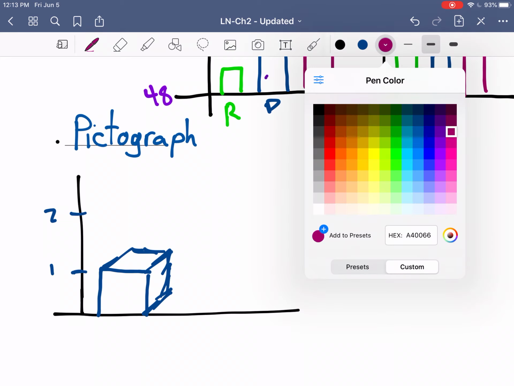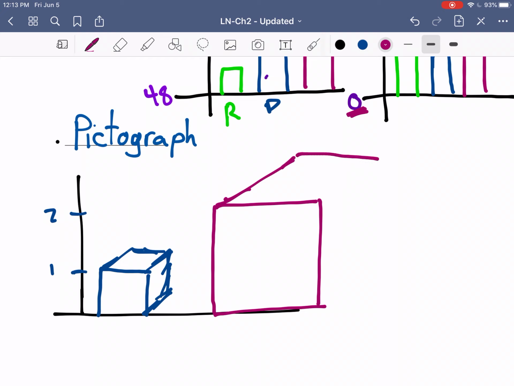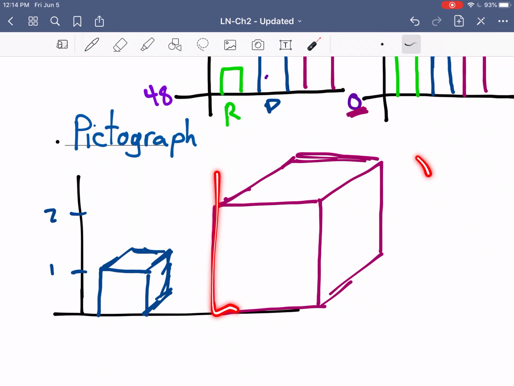I'm going to also make that one a cube, with a height of 2. So there we have these two cubes. I'm trying to represent that the second data piece is twice as much as this.